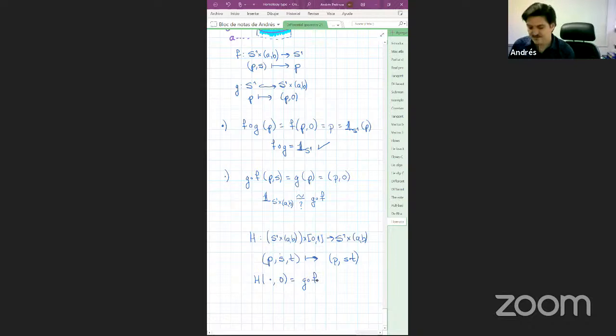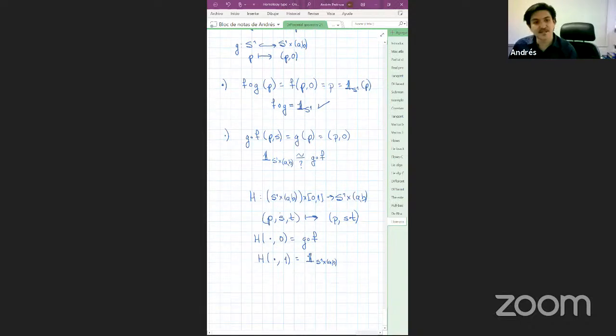Yes. And now at 1, exactly you get the identity on the cylinder. And that's it. All right?